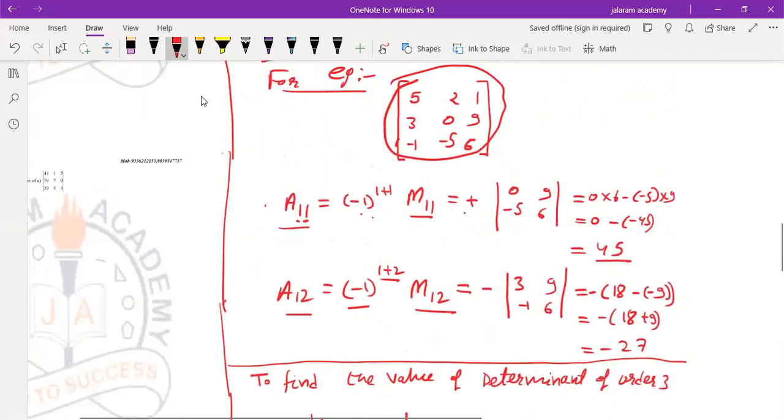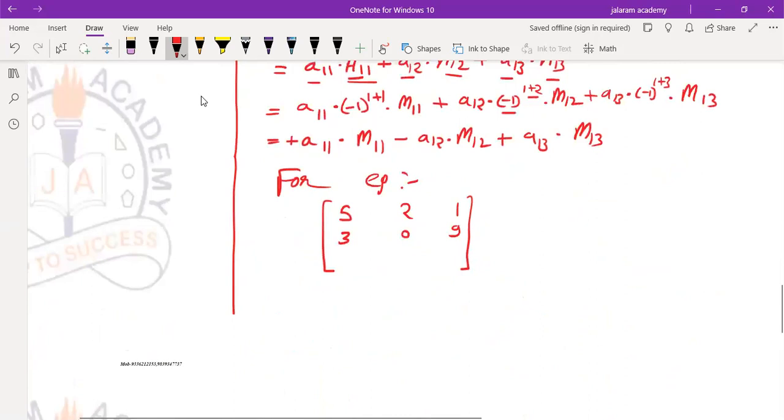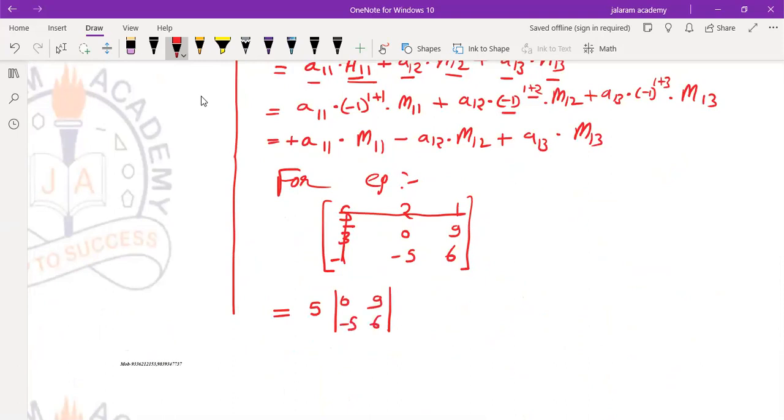Third row is -1, -5, 6. So the first element, first row first column, is 5 into the determinant obtained by deleting first row and first column, which is 0, 9, -5, 6. We do not actually have to cut them, but I have done this to make you understand.